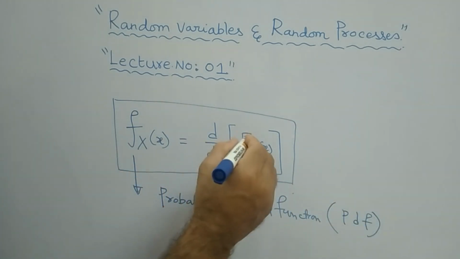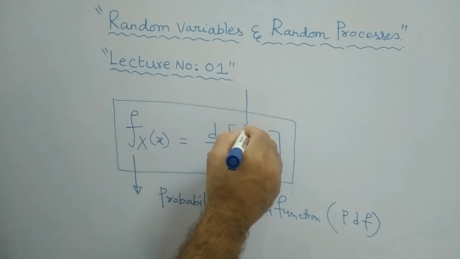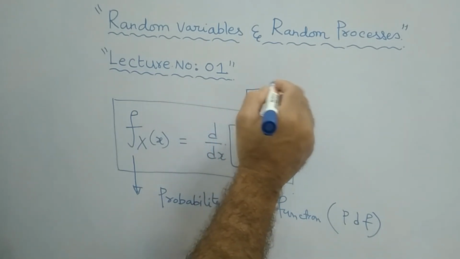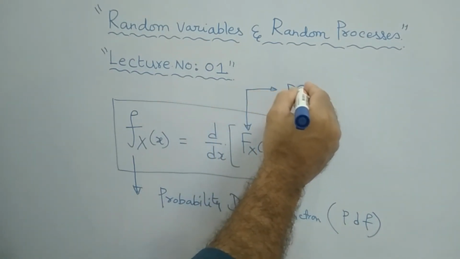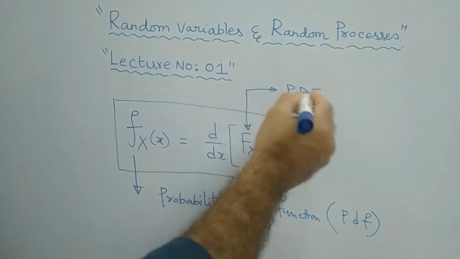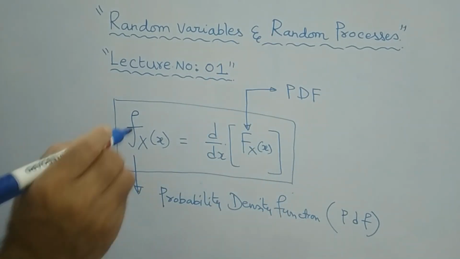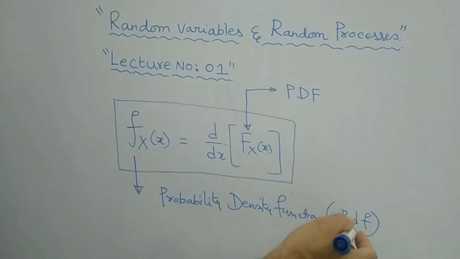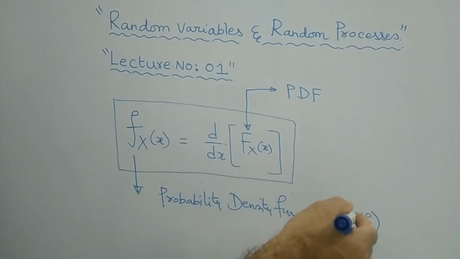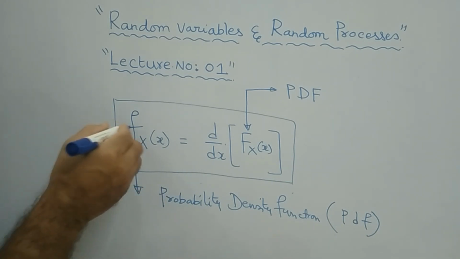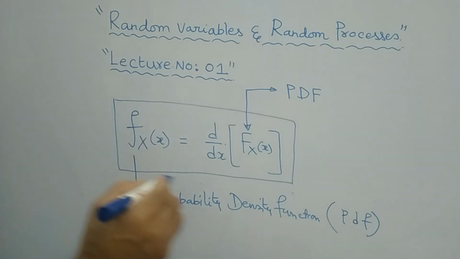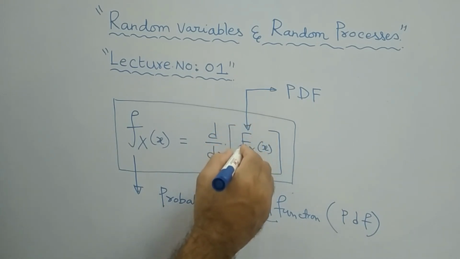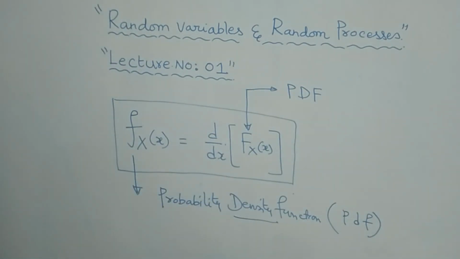Whereas this capital F can be written like this, as capital PDF actually. If capital PDF is given in the problem, remember that it is a distribution function, whereas if the small pdf is given, it means the density function. So small f is called the density function, whereas capital F is called the distribution function.